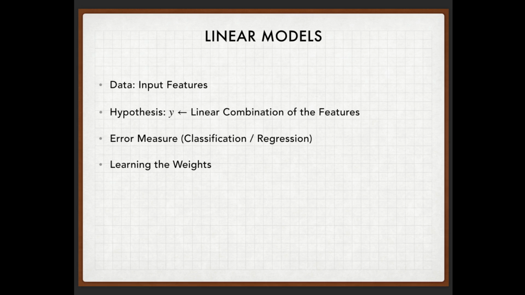Obviously, a linear model defines a hypothesis family that we will use, and the error measure, which is another name for criterion. The error measure defines the task, and the learning algorithm of the weights refers to the selection process within the linear model family.